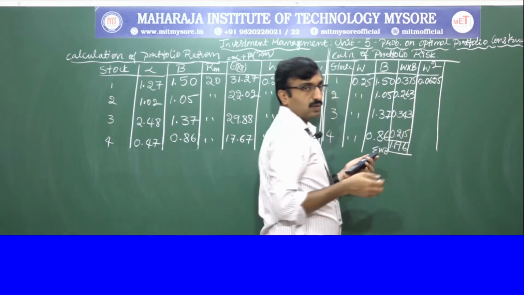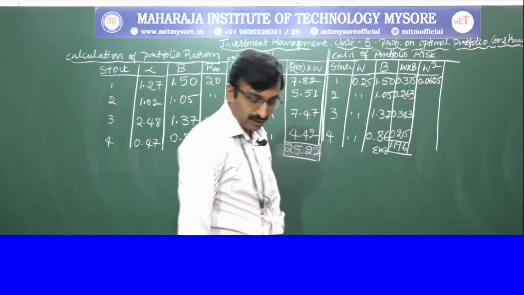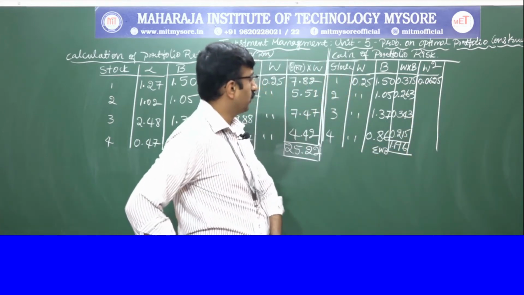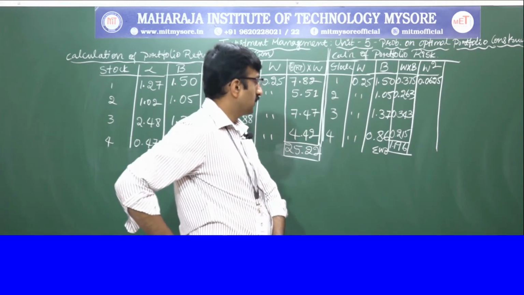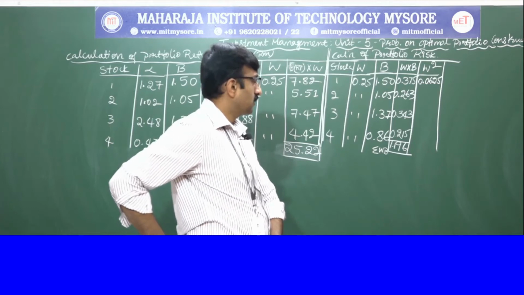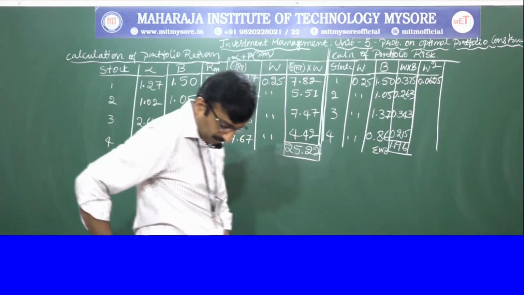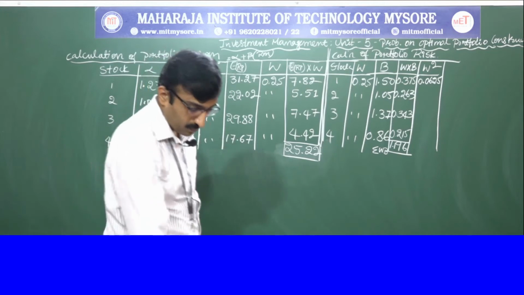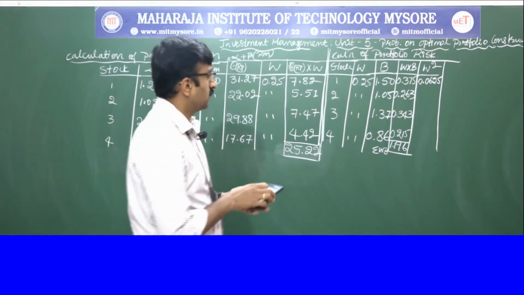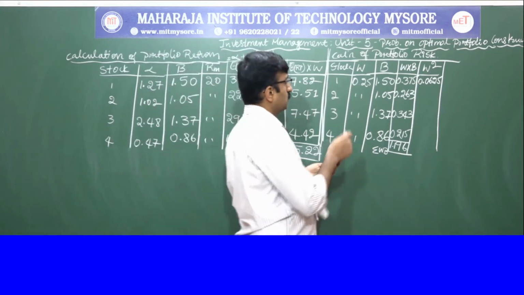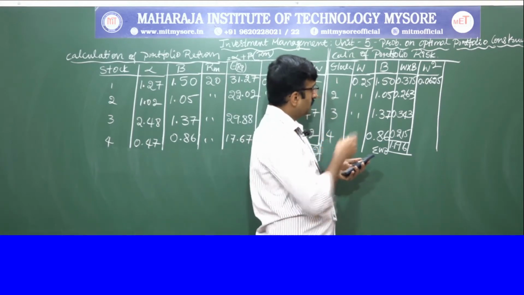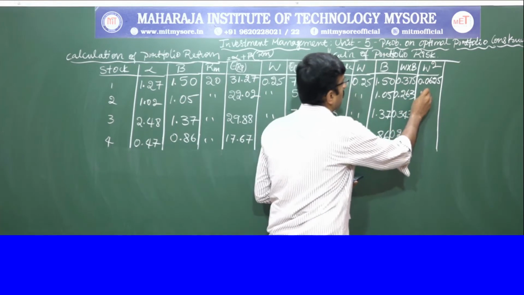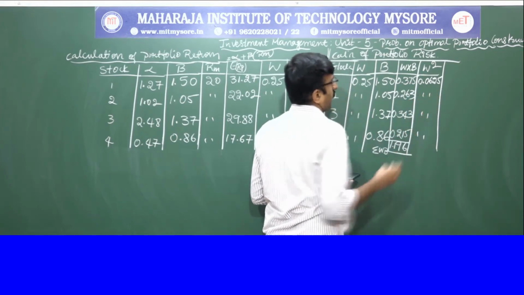Same thing you do for the subsequent ones. It is 0.25 for all, so you get the same value.